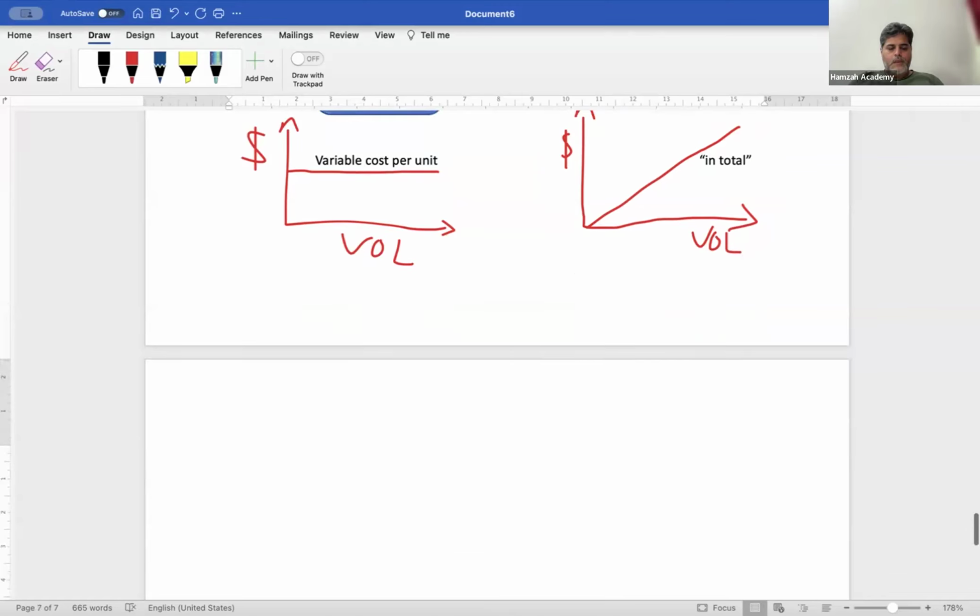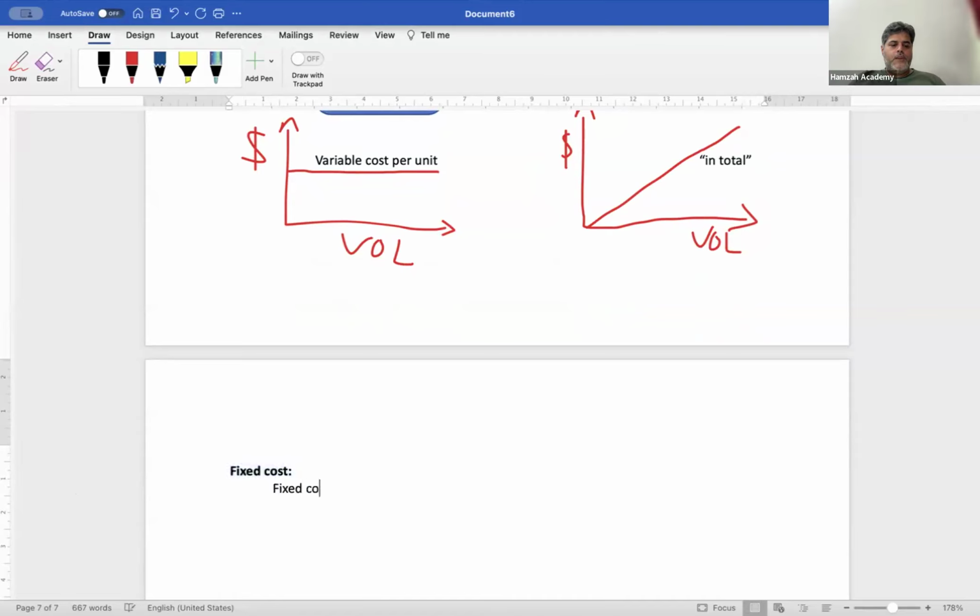Okay, then we have this fixed cost over here. First, we have the variable cost.